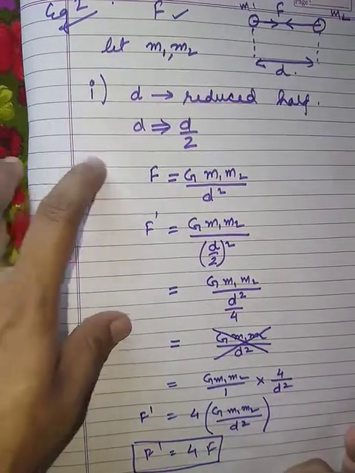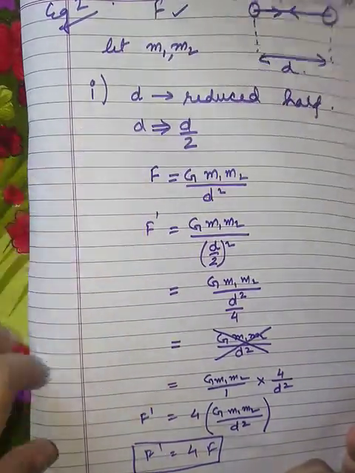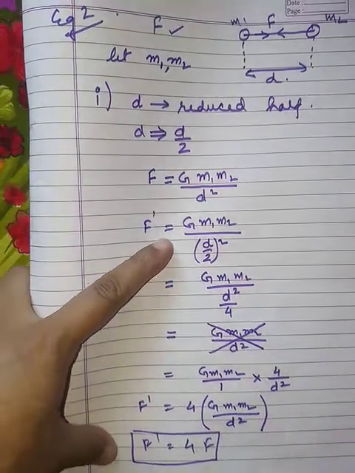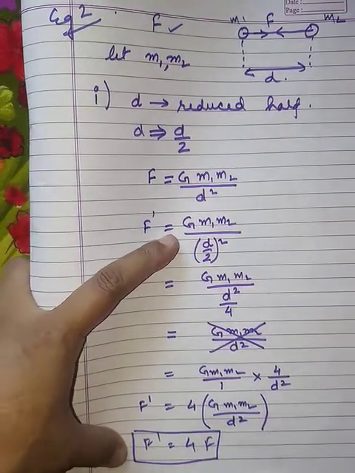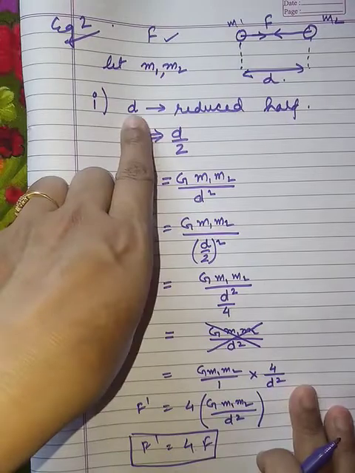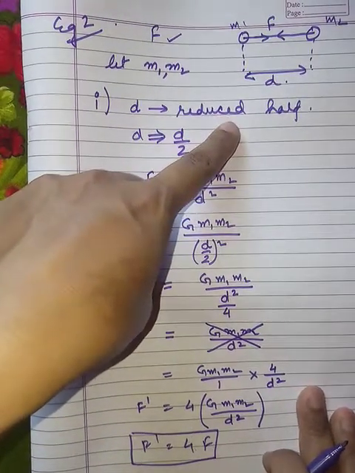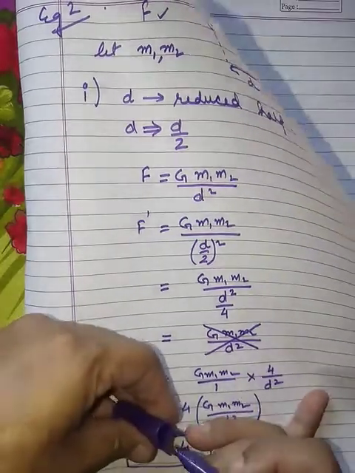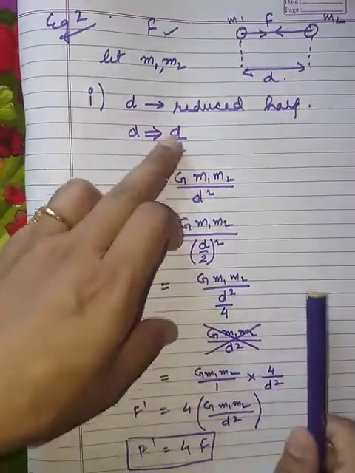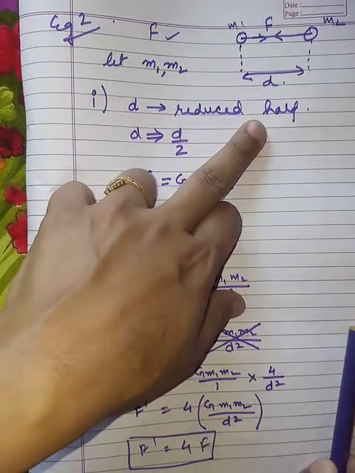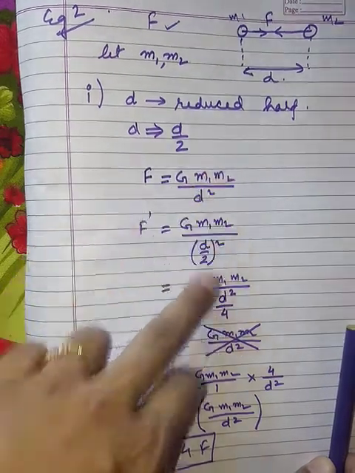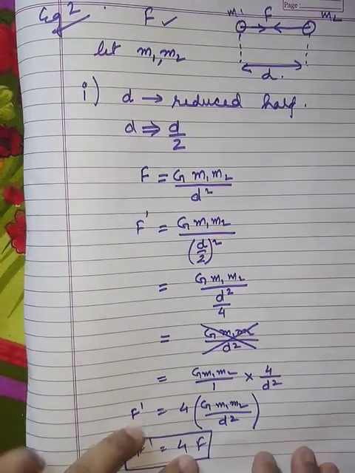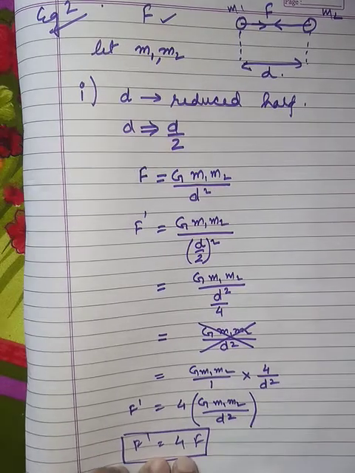So how does the force change? It changes to 4 times when the distance between the objects is reduced to half. The question can come directly as: when we reduce the distance to half, what will be the new force, or how many times will it be? It will be 4 times.